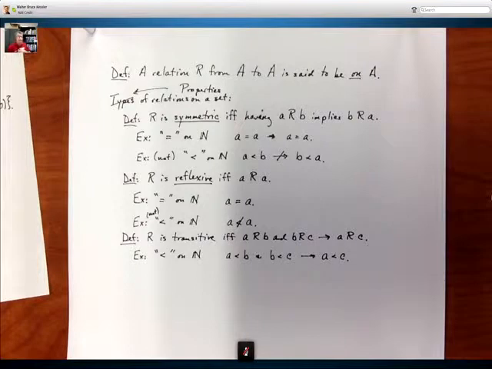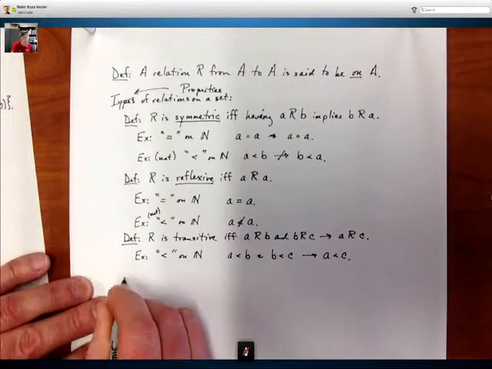If A divides B and B divides C, then A divides C. I'm trying to think of some good non-transitive examples. You can think about that one too.